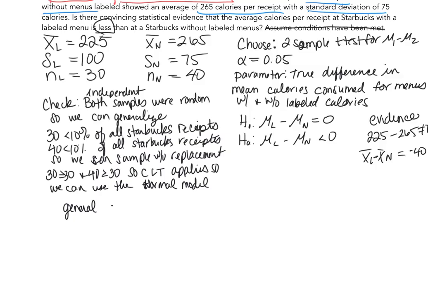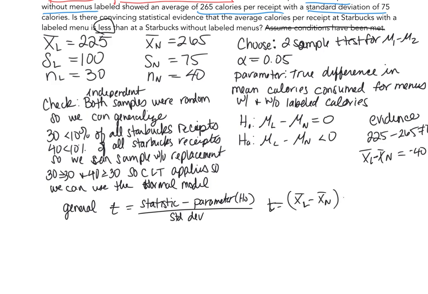It's helpful to remember that the T-score is the statistic minus the parameter, which in this case is our hypothesis, divided by the standard deviation. So our exact formula is x bar L minus x bar N minus mu1 minus mu2. This is our hypothesis, so this is going to be 0. And the standard deviation is the square root of SL squared over NL plus SN squared over NN.